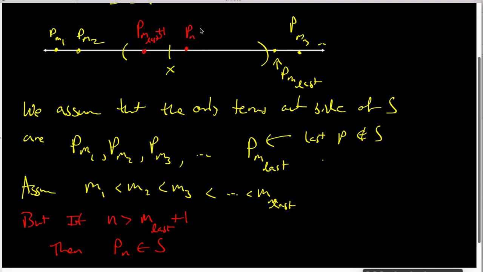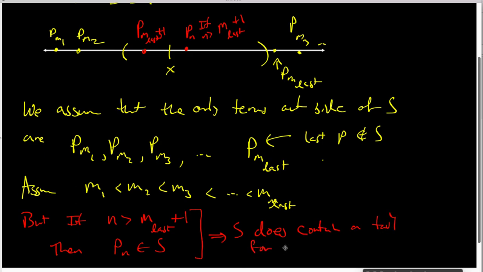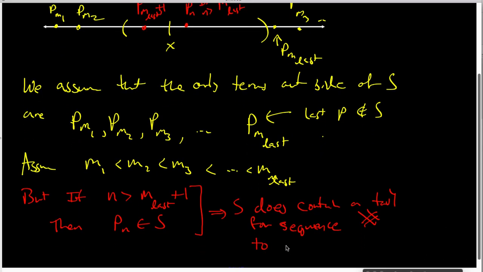So P_n is in here if n is bigger than M last plus 1. In other words, this says that S does contain a tail for my sequence. And that is a contradiction to the fact that we had assumed that S contains no tail.